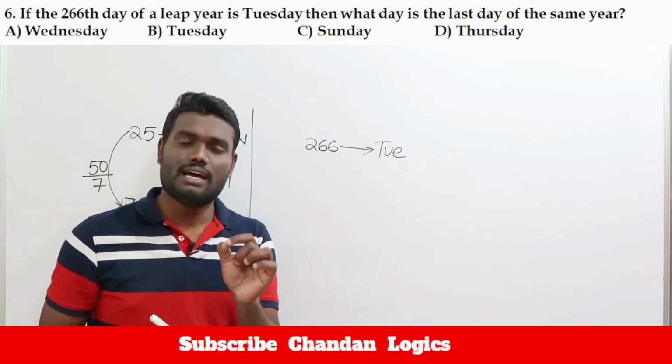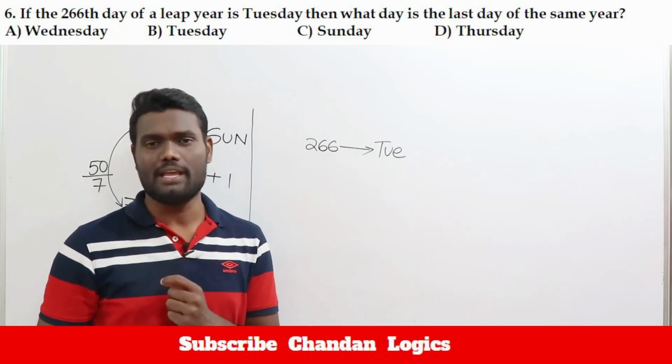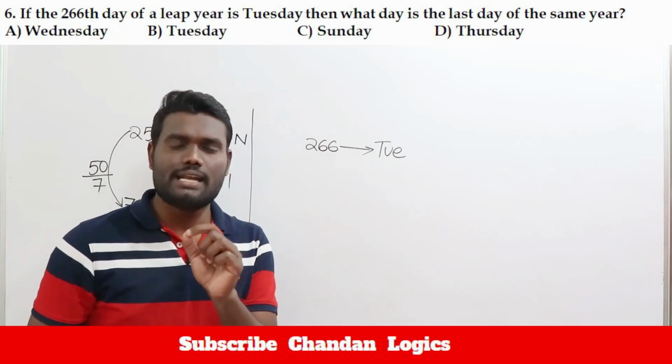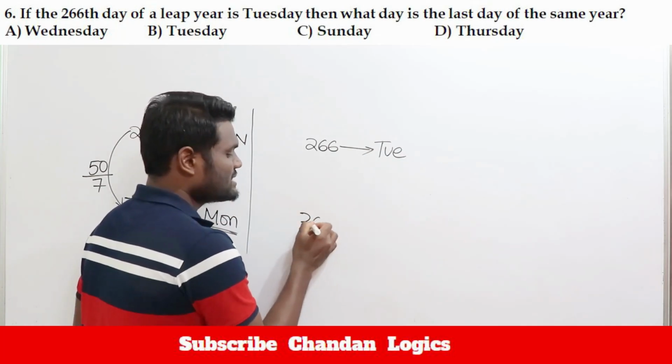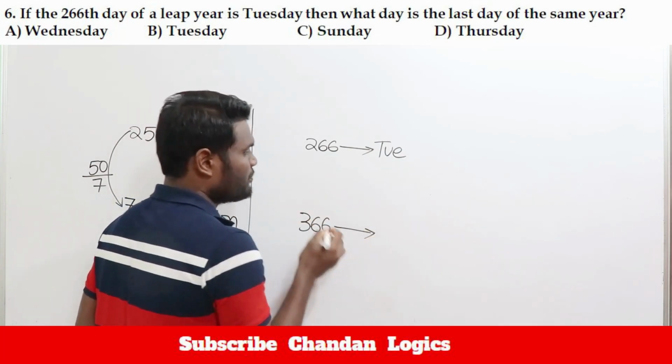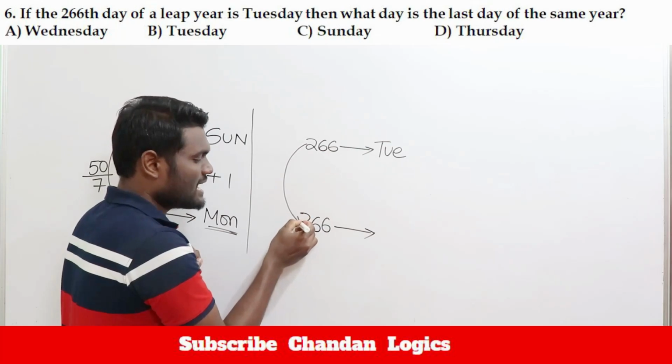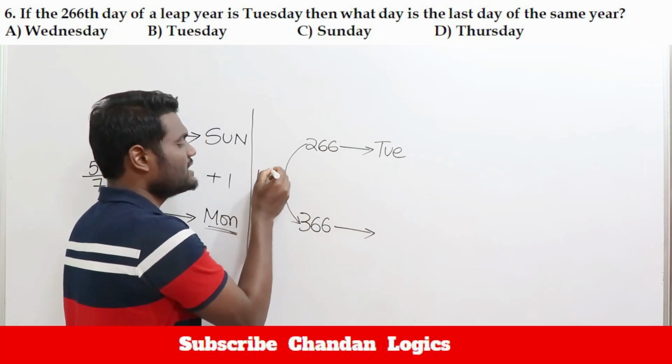In a leap year, the last day is nothing but the 366th day. Now, if you look here, 266 and 366, the difference is 100.